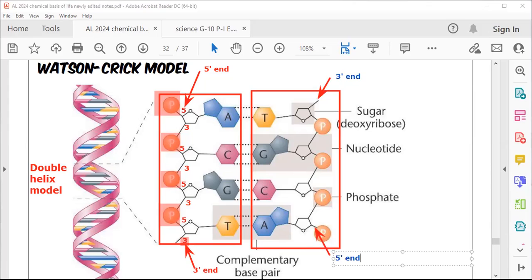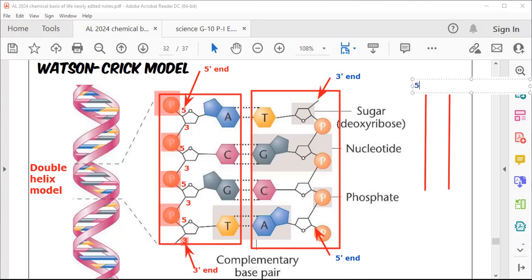So, do you agree that in the DNA molecule there are two chains, correct? There are two chains.